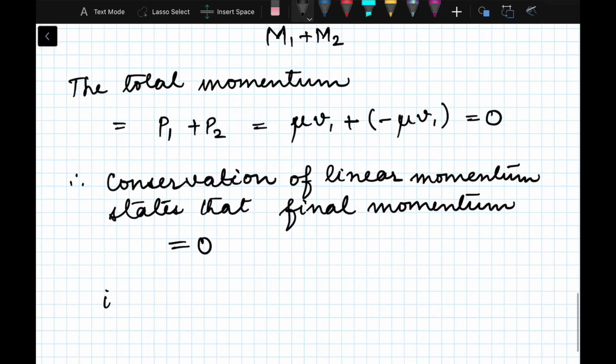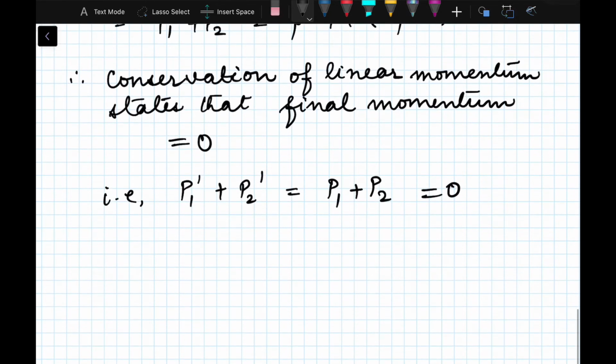That is, if we represent the final momentum by P1 dash plus P2 dash, it is equal to the initial momentum's sum, which turns out to be 0.